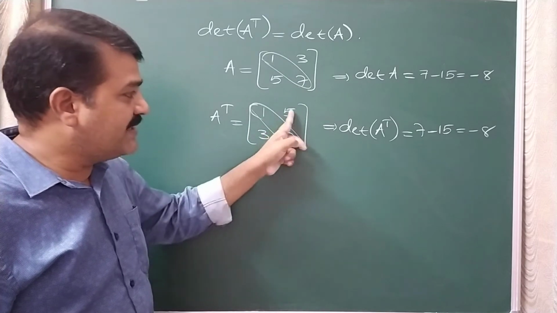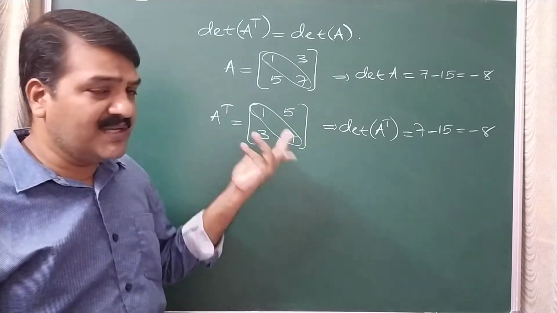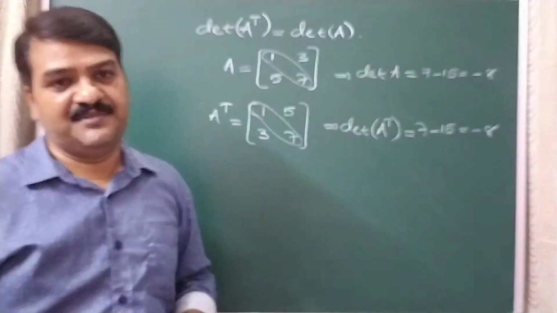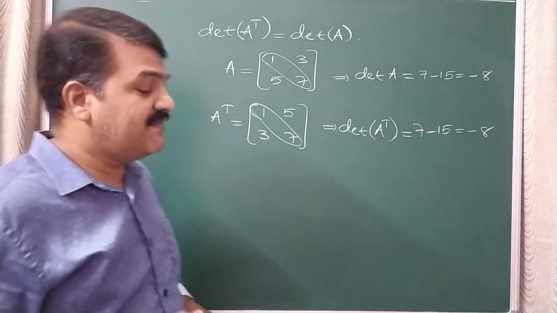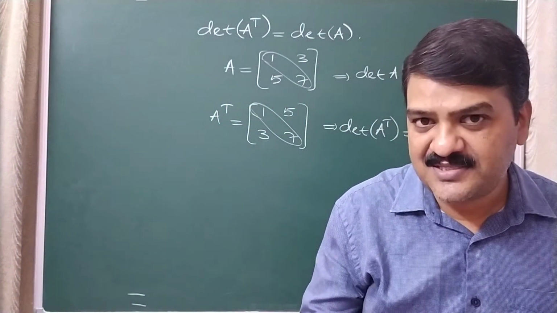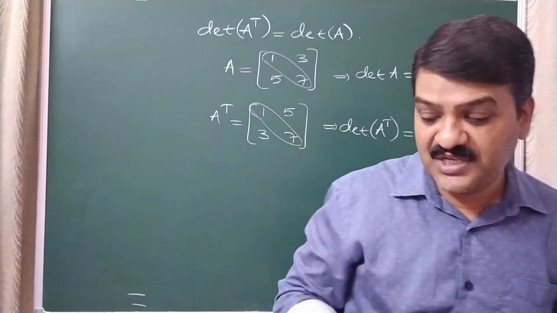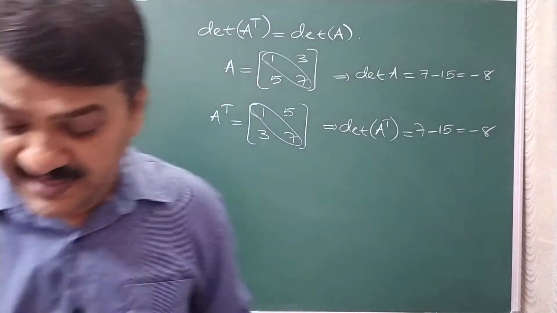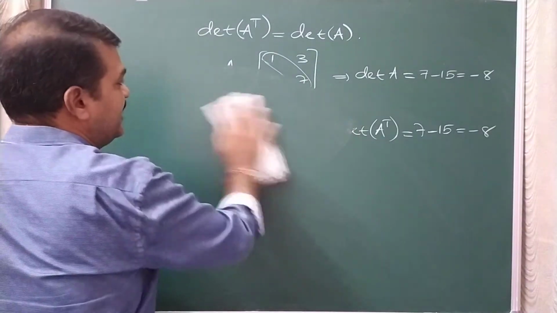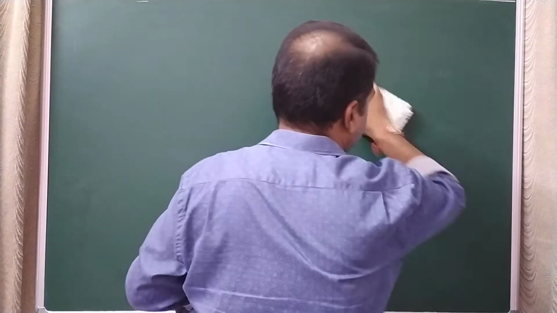These elements will be interchanged, and when they are interchanged, the product will not change. Therefore our answer is also not changing. So simply you have to remember that by transposing a matrix, its determinant is not going to change.